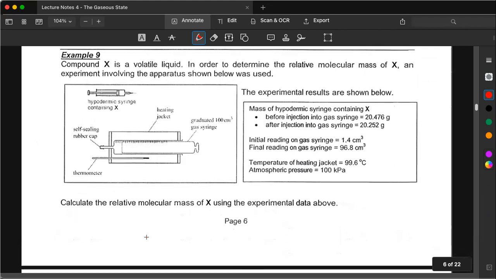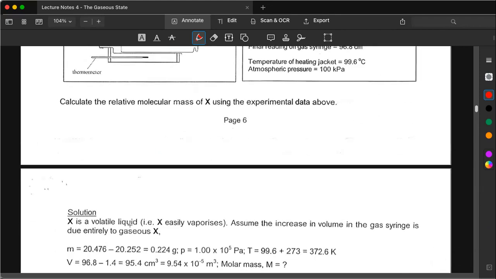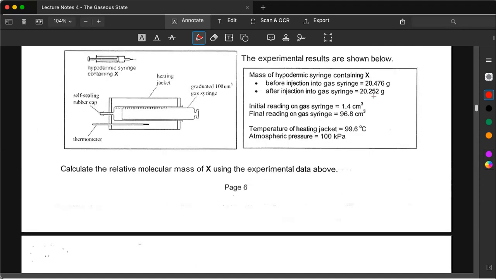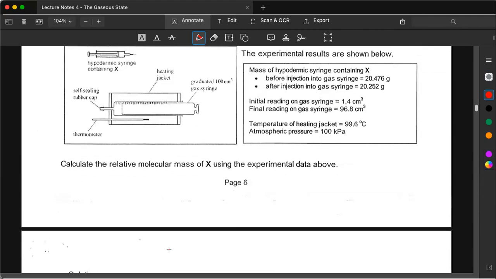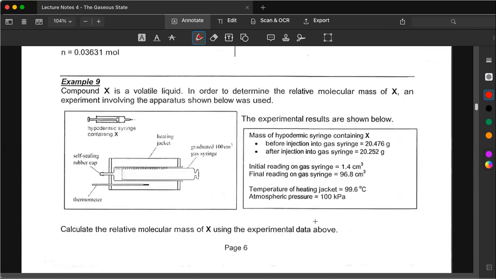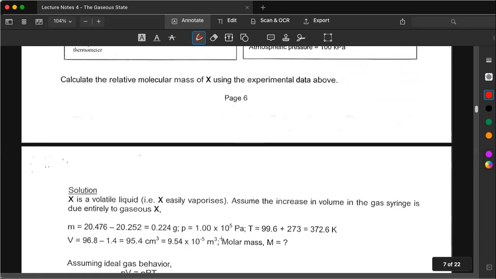So the mass difference will be 20.476 minus 20.252 because you release the gas. So there's a drop in mass, and the drop in mass is because the gas is released. So this is the mass of the gas, 0.224, when you take the difference of the mass before and after the injection. The pressure was taken to be this 100 kilopascal, and you just convert it to Pascal because we need to make the units consistent in SI unit.